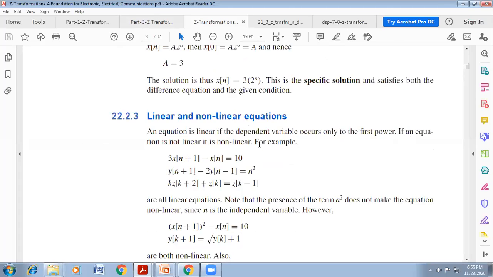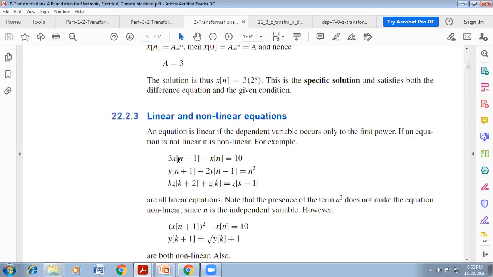So for example, 3 into x(n+1) minus xn equals 10 is a difference equation, and y(n+1) minus 2 into y(n-1) equals n square, and k into z(k+2) plus zk equals z(k-1) are all linear equations, because the highest power of the dependent variable is 1.